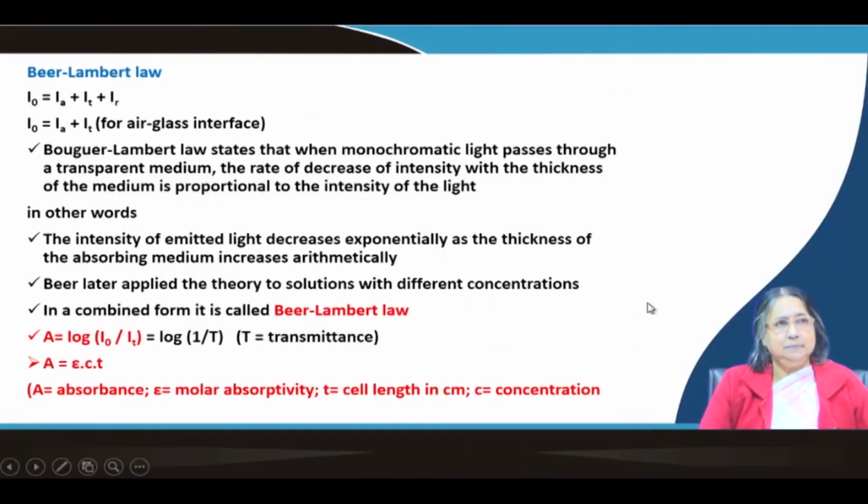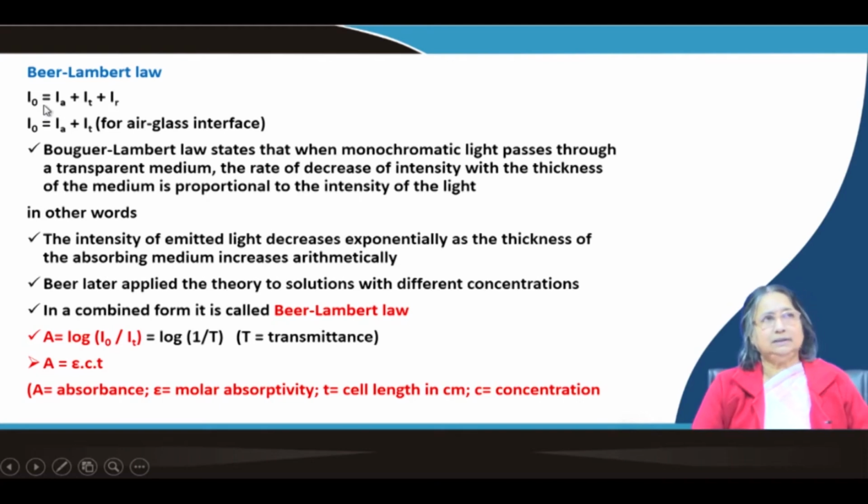Now, the principle of this measurement in a spectrophotometer is governed by the Lambert-Beer law. This is a combination. When light passes through a medium, then three things can happen. First, absorption can happen.